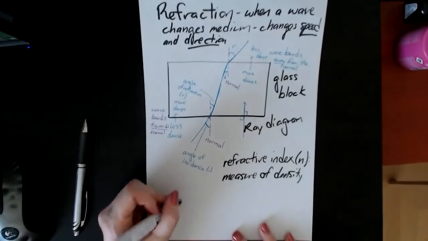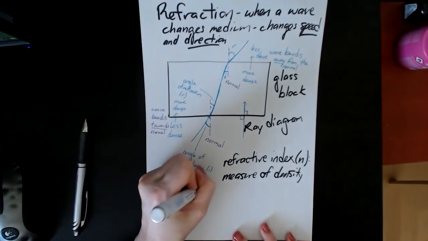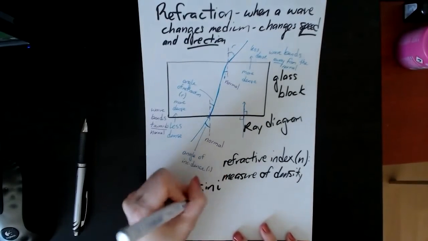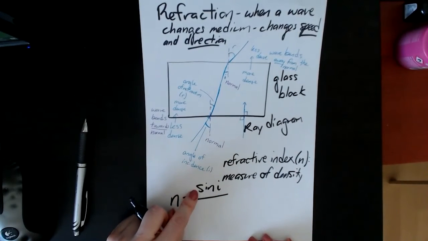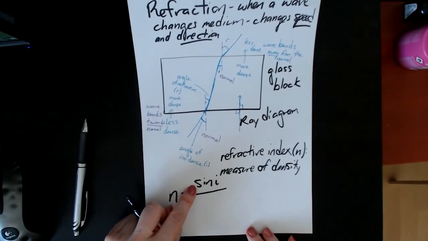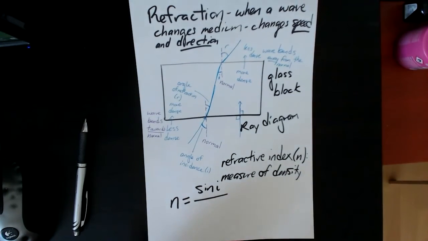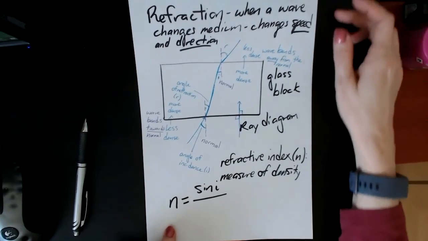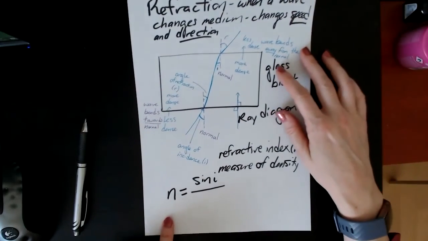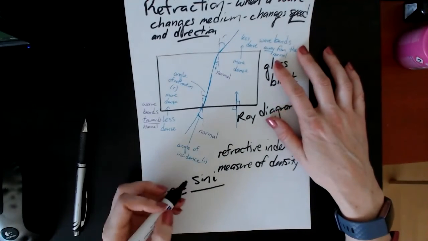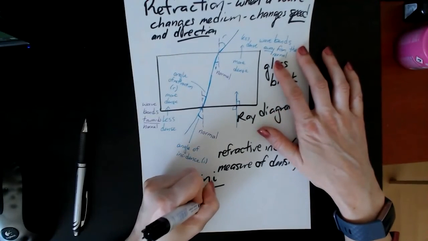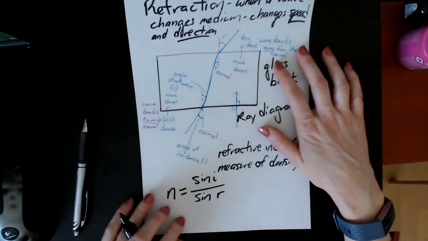And you can determine the refractive index by looking at the sine, which is a trigonometrical function. Those of you in EC2, you should be familiar with this. Those of you in EC1, we've worked on it a lot. Some of you have taken me at my word that it's a button you need to press on your calculator. Others of you have asked for more explanation, and I'm happy to give that outside of this video. So n equals the sine of the angle of incidence divided by the sine of the angle of refraction.